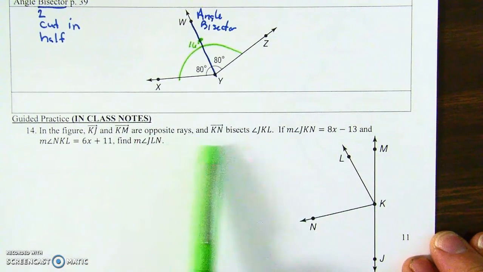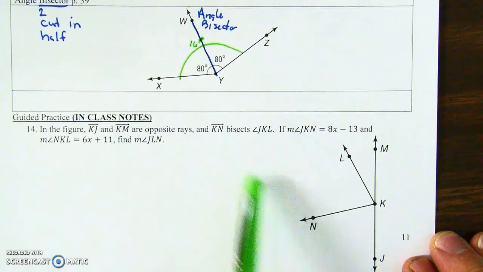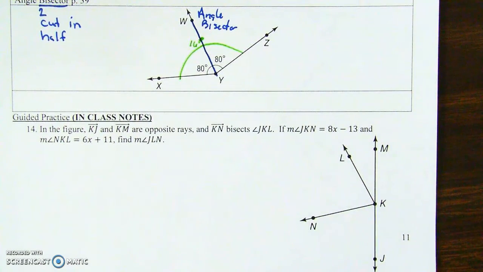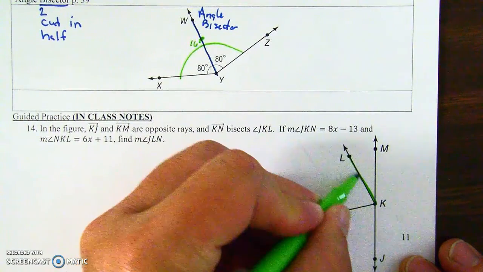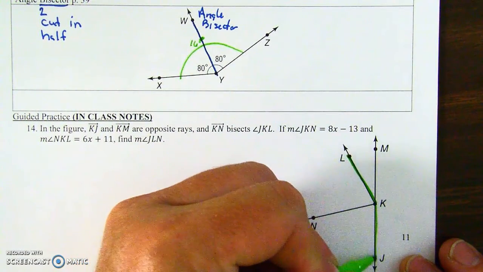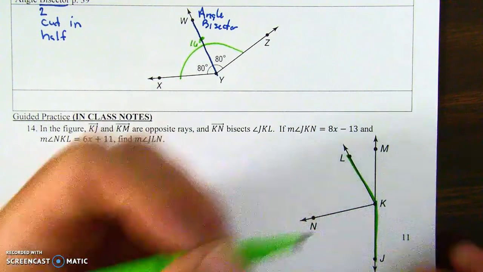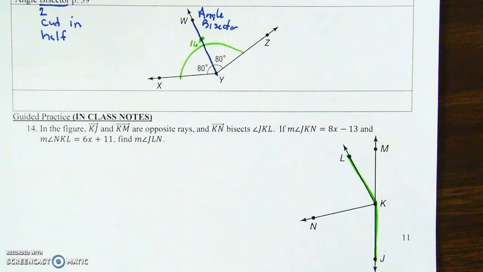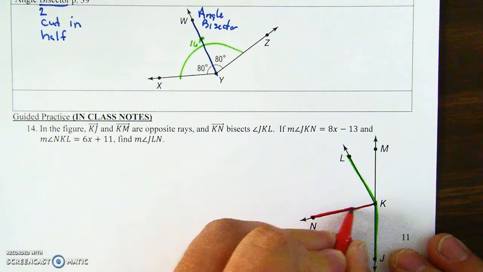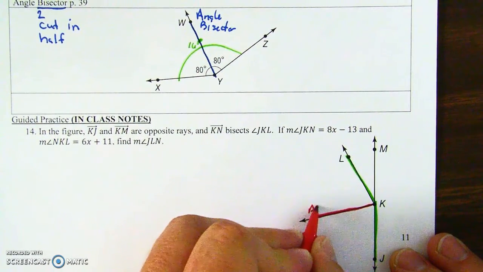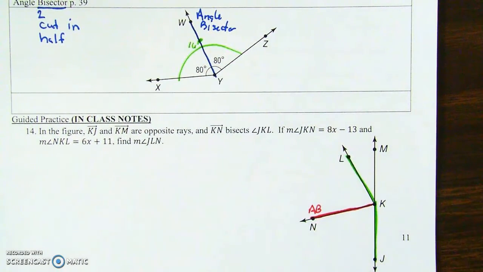And then KN bisects angle JKL. So let's mark that angle in green. And this one's basically cutting that thing in half, so I'll call this the angle bisector.